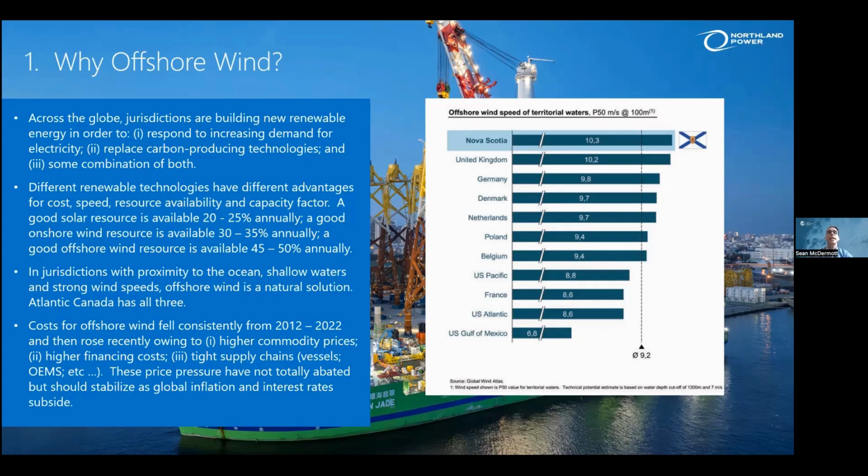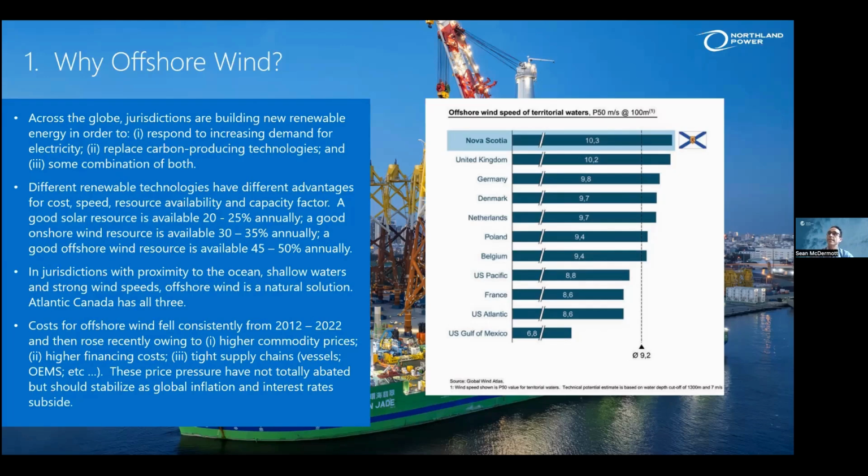So that brings us to this idea that in jurisdictions where it's shallow for long, and you have good wind, and you're close to the ocean, offshore wind is a natural technology to explore. Offshore wind costs have also been falling dramatically. From 2012 to 2022, I've seen numbers that suggest they've fallen by as much as 50%.